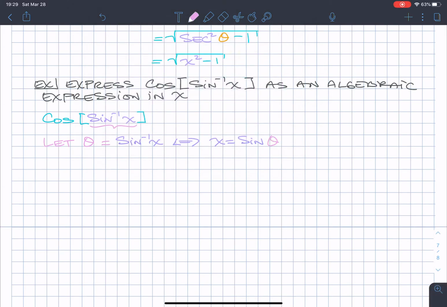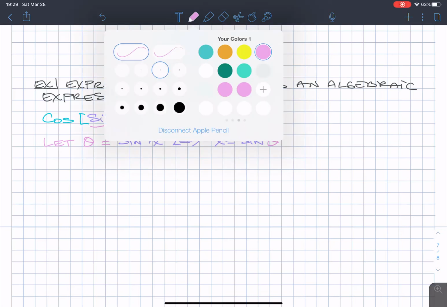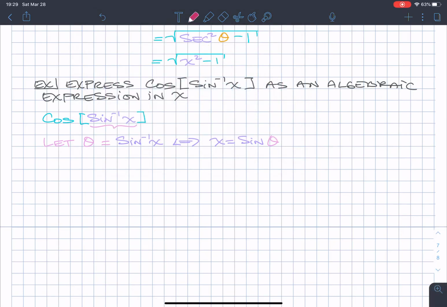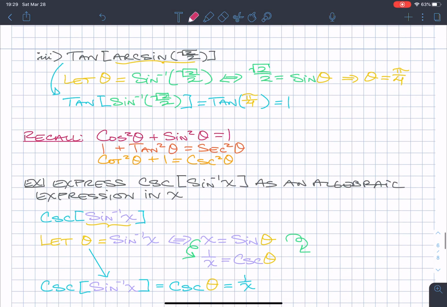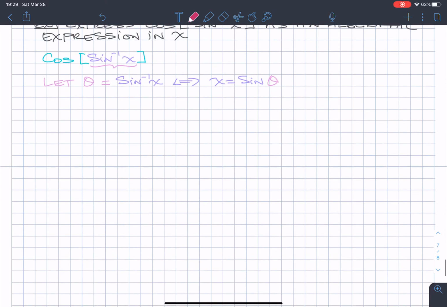So once again, I need to somehow go from sine of theta to cosine. So I note my main Pythagorean identity, cosine squared theta plus sine squared theta is equal to 1, which means that cosine squared theta is 1 minus sine squared theta, which means that cosine of theta is the square root of 1 minus sine squared theta.